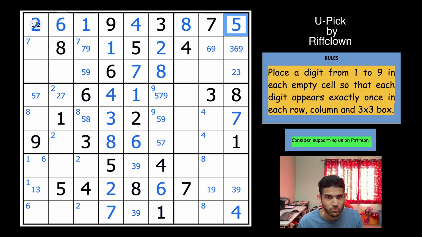Now 1 in this box must go into this domino. I hope I wasn't missing this for far too long. Now what?